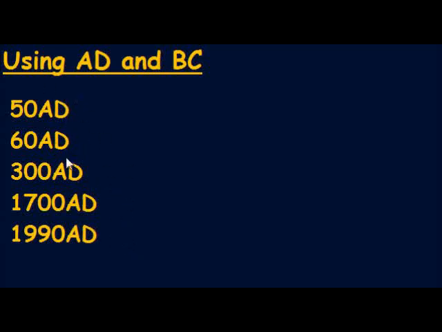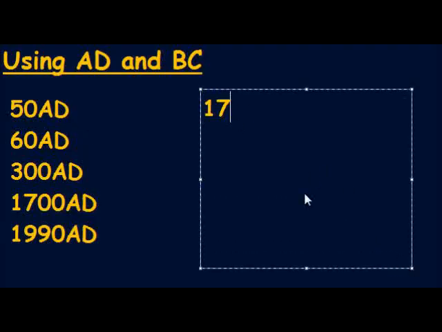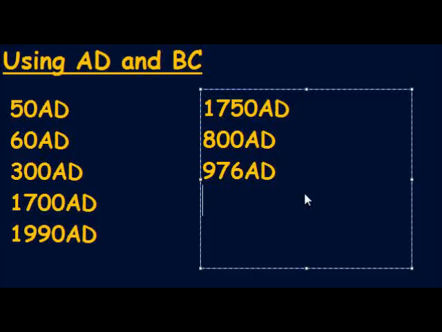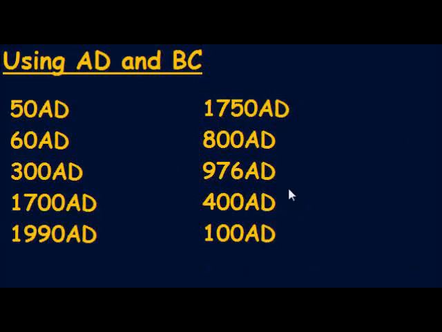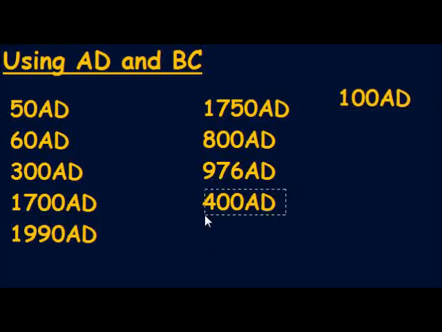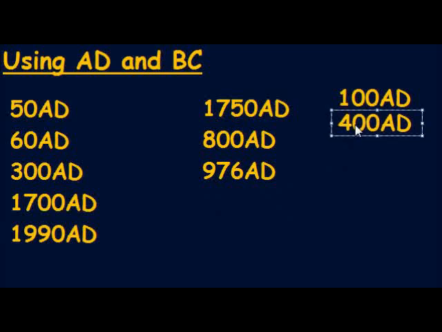So if we took a list that was now mixed up, and we wanted to put this list into chronological order, all we would do is take the smallest number first, which is 100. We take the next largest number, which is 400.